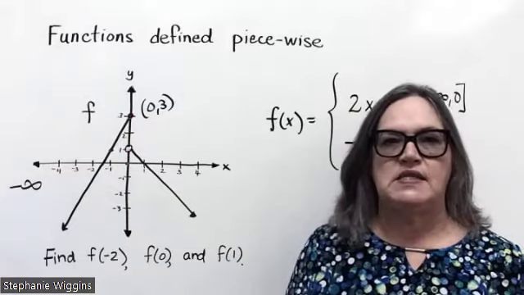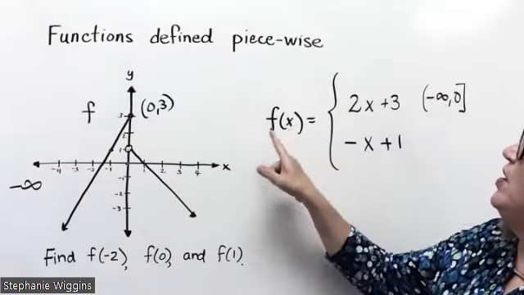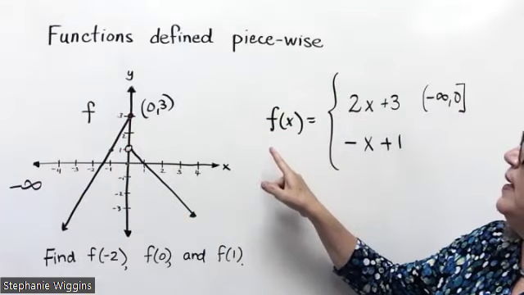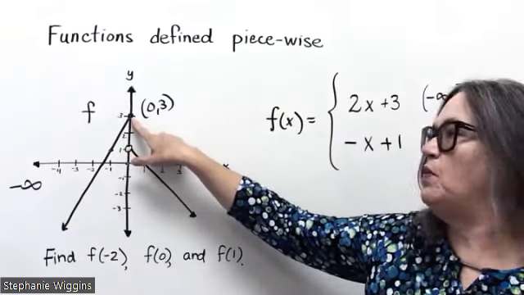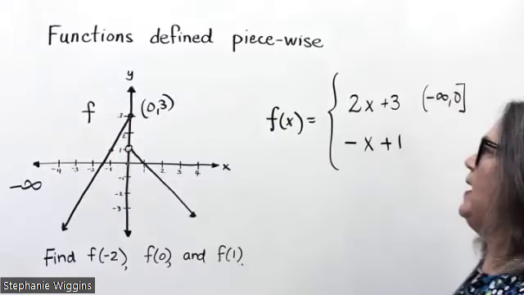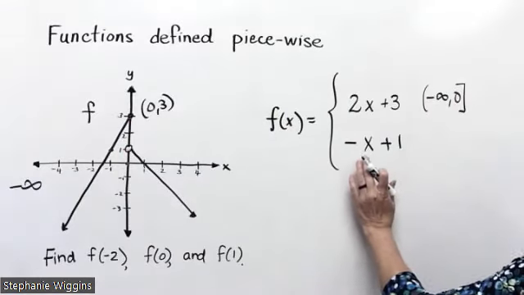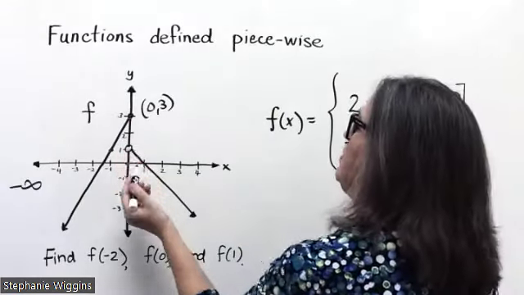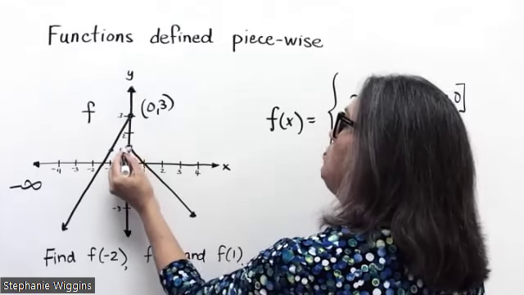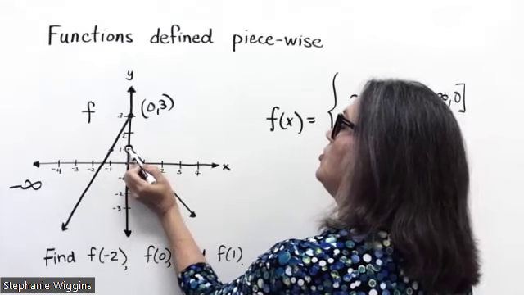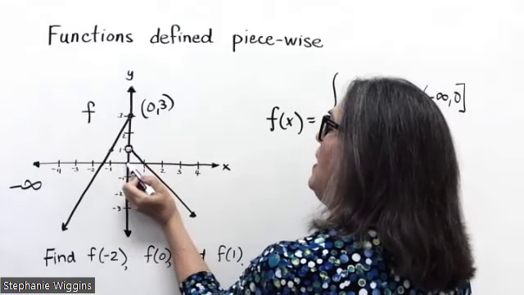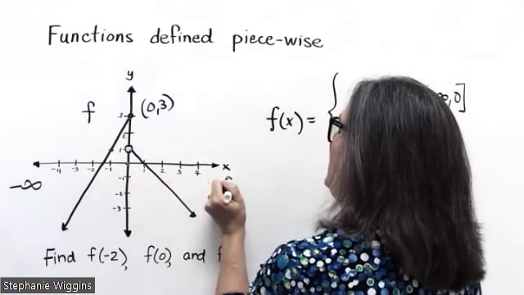And the reason why we say it's including 0 is because we have the square bracket represented. The point is filled in, and that's when we use the square brackets. Okay, now from 0, not including 0, so this point here picks up again, but it's an open circle, so it does not include 0, and then we go off to infinity.